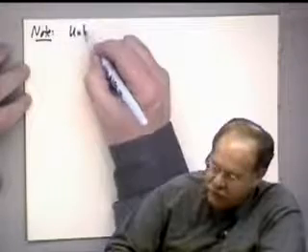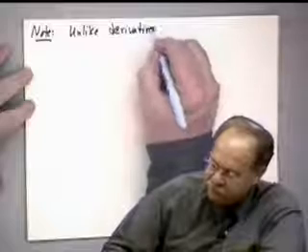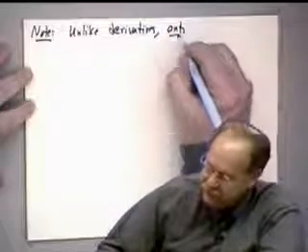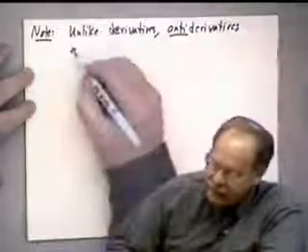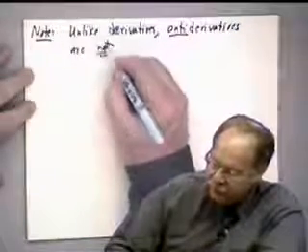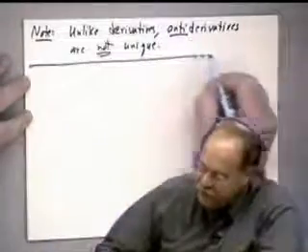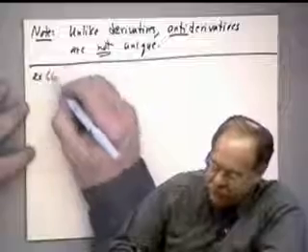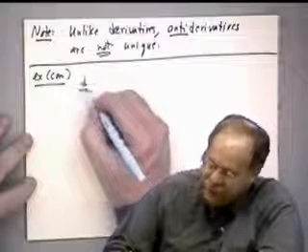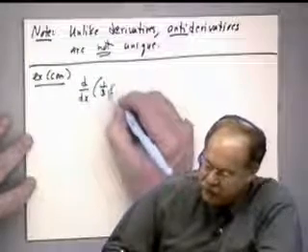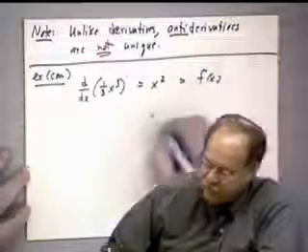Note, just to repeat what I said before, unlike derivatives, antiderivatives are not unique. As I said, there are many of them. And I'll show you why. It's a very easy idea. Here's an example, and this is the continued example from the one we did on the other page. If you take the derivative of 1/3 x cubed, as we know, you get x squared, and that is little f of x.